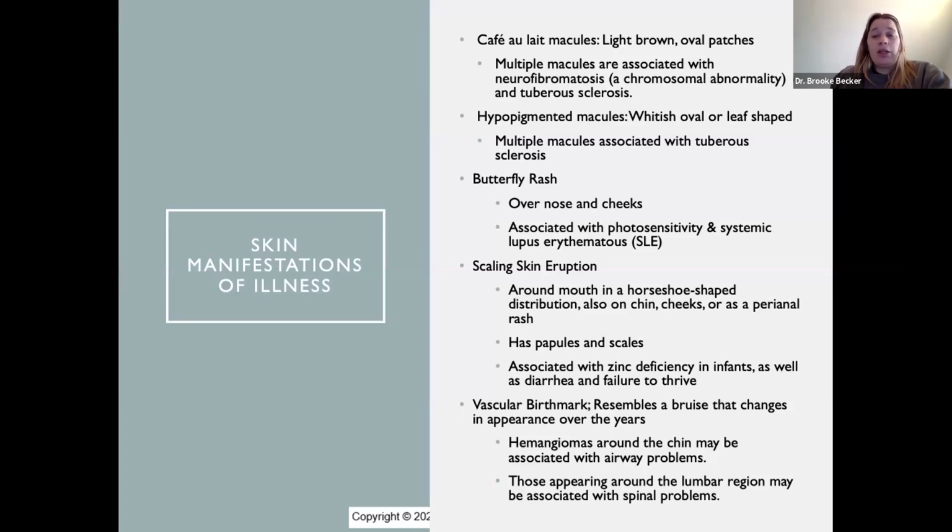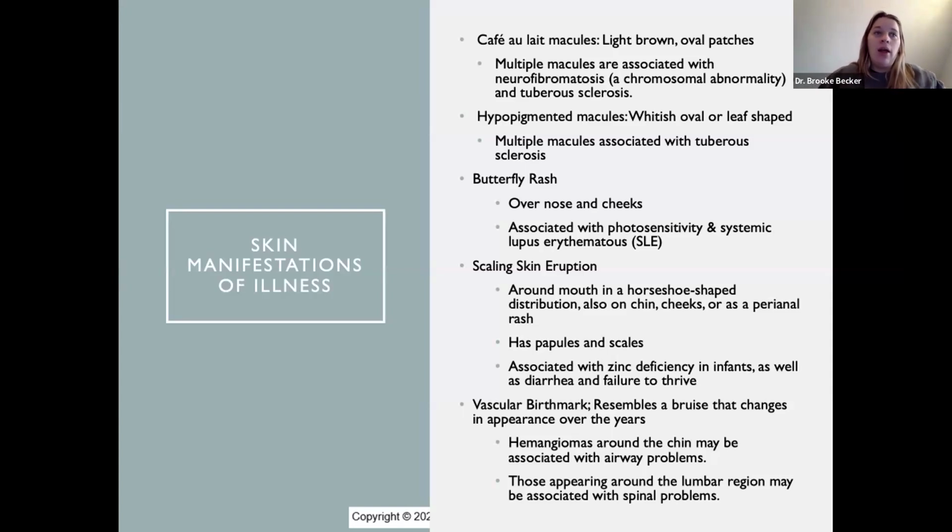Vascular birthmark. So this is like a bruise that can kind of change in appearance over the years. So hemangiomas go along with that. Okay. But also if they're sacral, so they're on your lower back, those are called Mongolian spots.